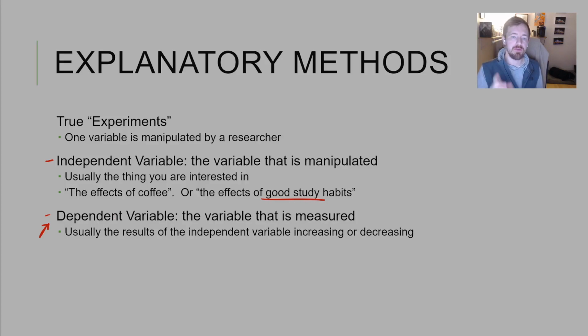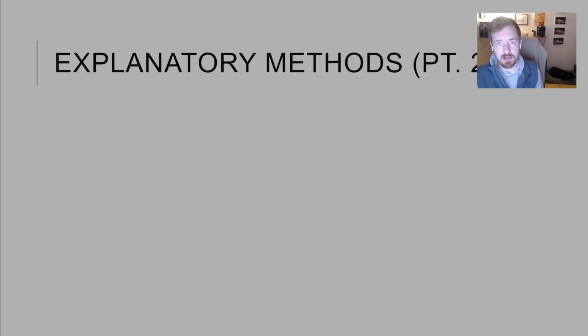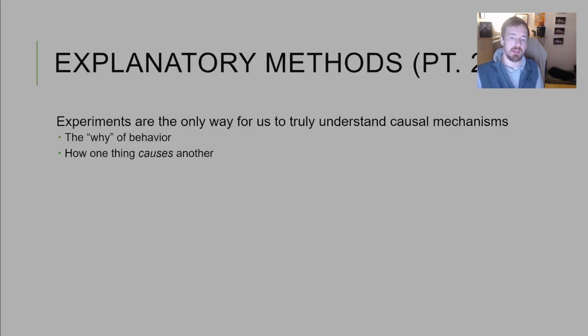So if we're thinking about the effects of tiredness on stress, stress would be the dependent variable, where I have made this group tired, and as a result, they are now more stressed. In this case, stress is the dependent variable. It is reacting to the independent variable. We're going to talk more about those in later slides.